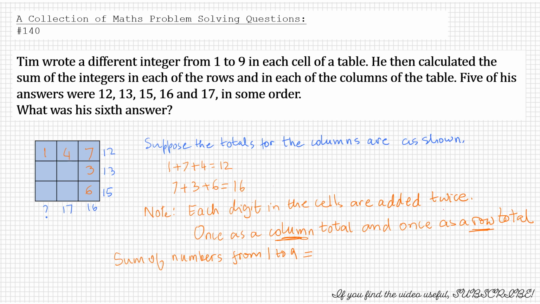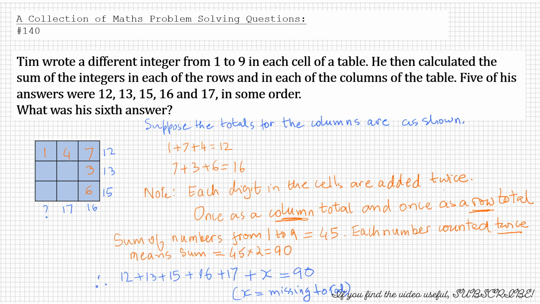The sum of the numbers from 1 to 9 is 45. Each number counted twice means the sum should be 45 times 2, 90. So 90 would then equal 12 plus 13 plus 15 plus 16 plus 17 plus x. X is the missing total, or the sixth answer that we have to find out, and that gives us x equals 17, and 17 is his sixth answer.